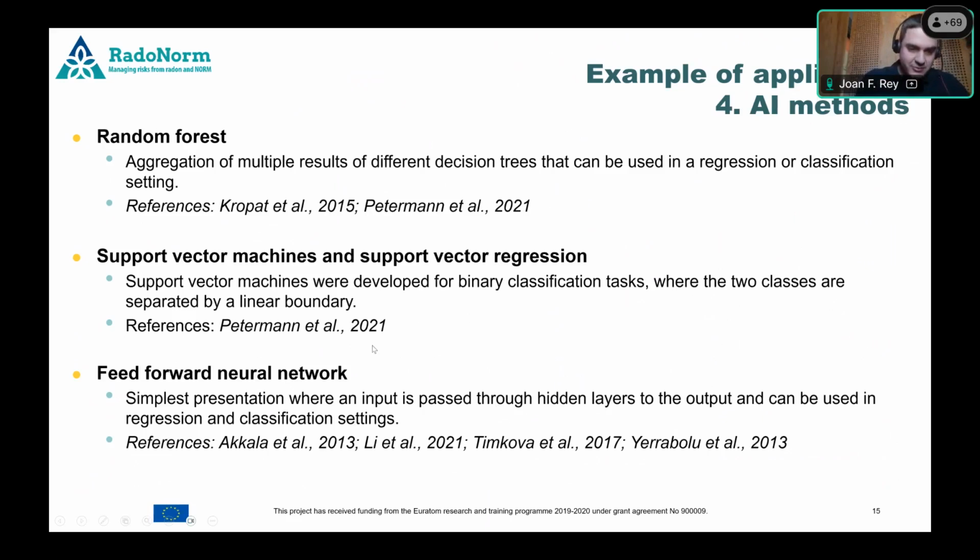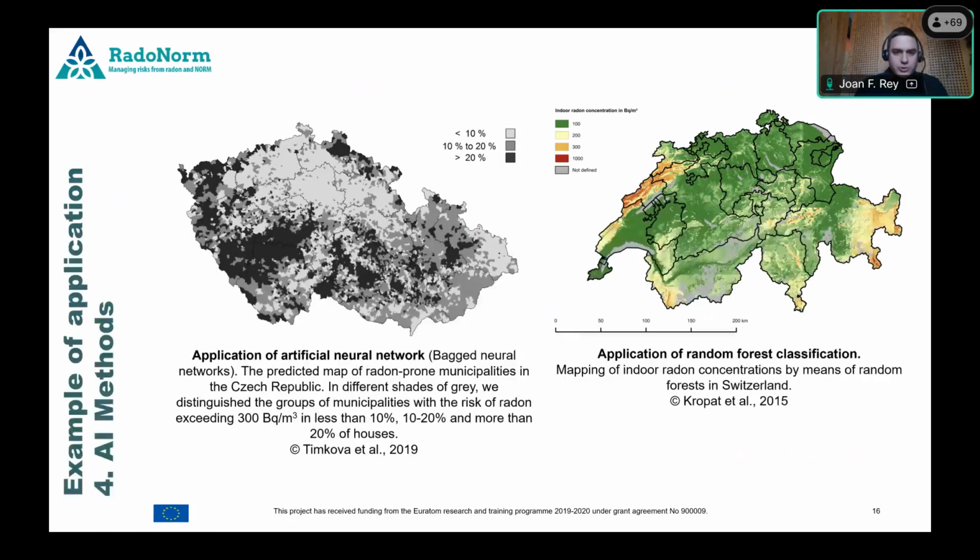Paper in 2021. And finally, we do have the feed-forward neural network, and here we have an input, an output, and in between these two, we have different layers of neurons, which will help to predict the output. And here, this has been really used in regression and classification settings. So here I'm just showing you two examples.